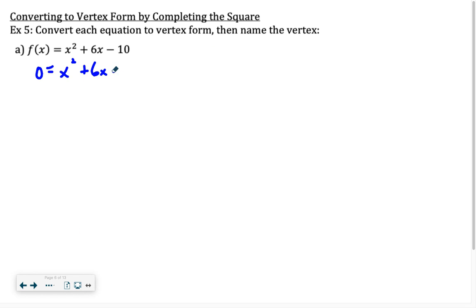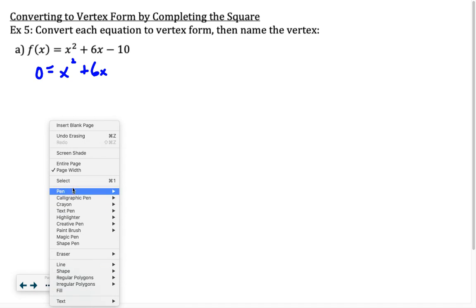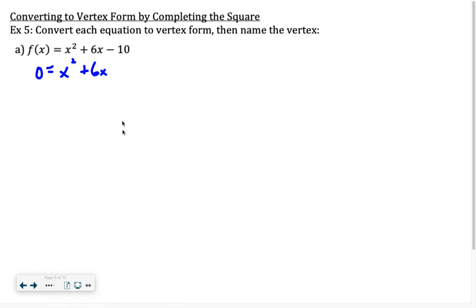Then I'm going to add this 10 over to the other side to get rid of it real quick. But I know that I'm going to add something to both sides of the equation, so I'm going to automatically put a little blank in there. So I'm going to have x squared plus 6x plus some blank.